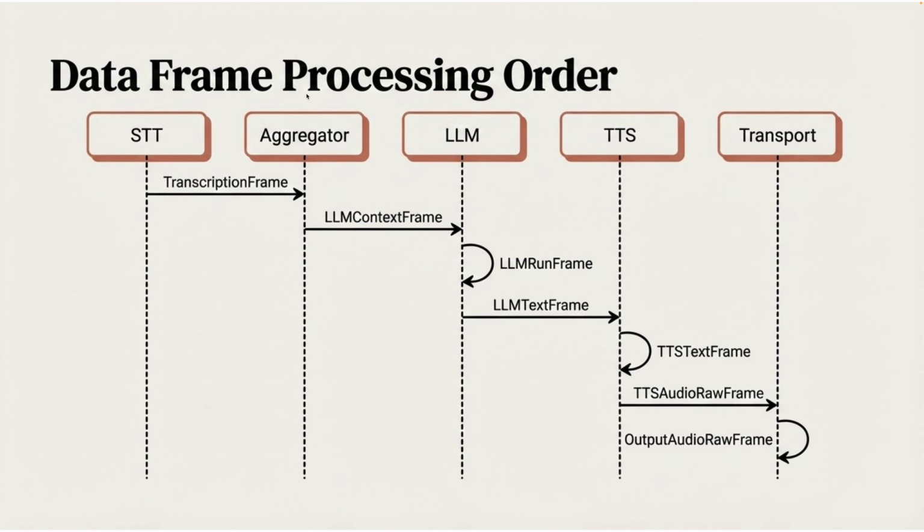The aggregator uses the transcription frame and the LLM context frame, the LLM uses the LLM run frame, then text frame, then TTS text frame, and then TTS audio raw frame, which becomes an output audio raw frame. It is received by the transport, which sends the audio. So that's all we had in data frames.